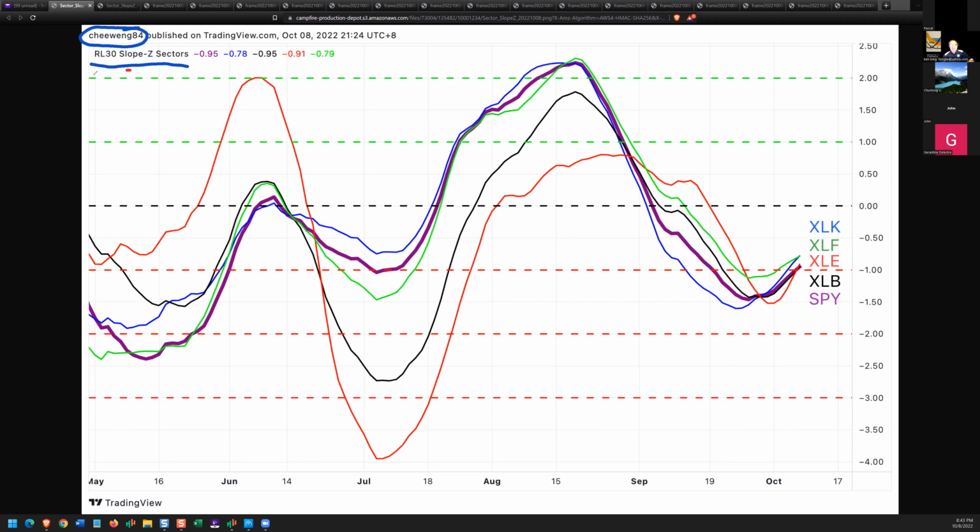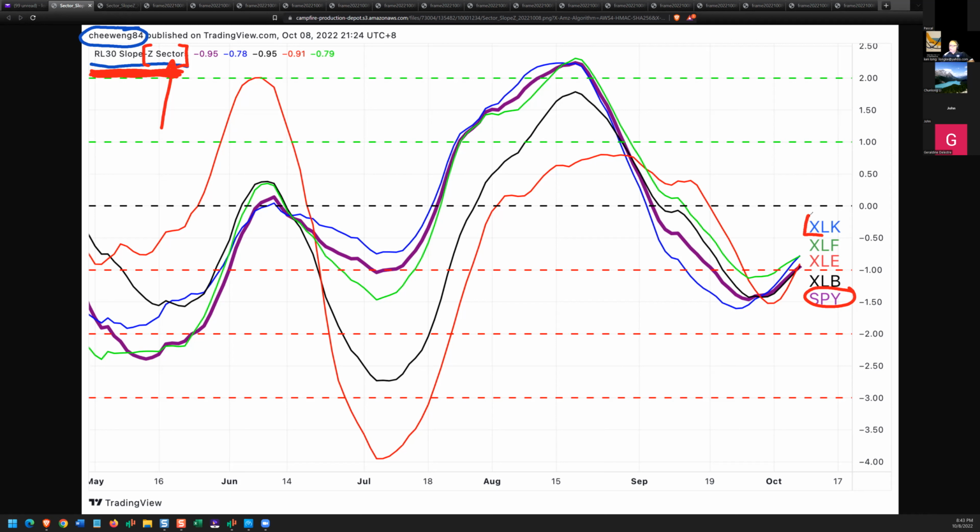So I explained last week in great detail how we do the regression line 30, the moving regression line 30, how we calculate the slope of that line, and then how we calculate the z-score of that line, and then use that to compare the z-scores of these different sectors, such as SPY, and then four of the most important subsectors.